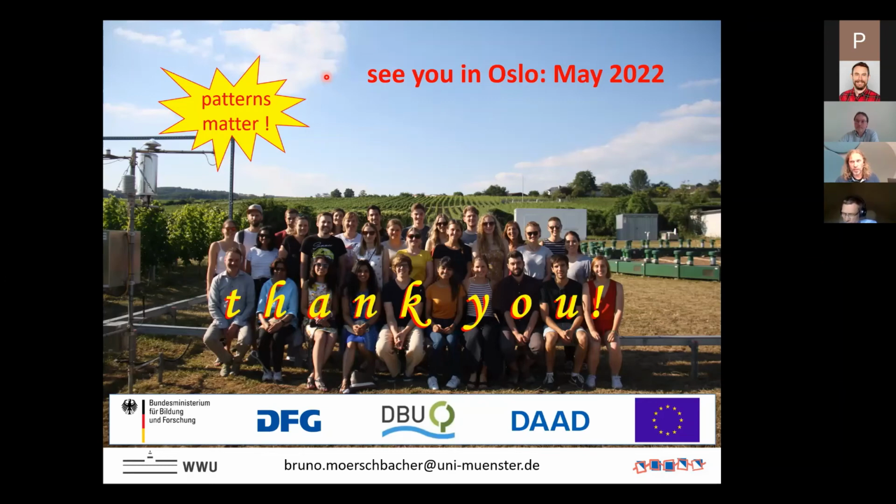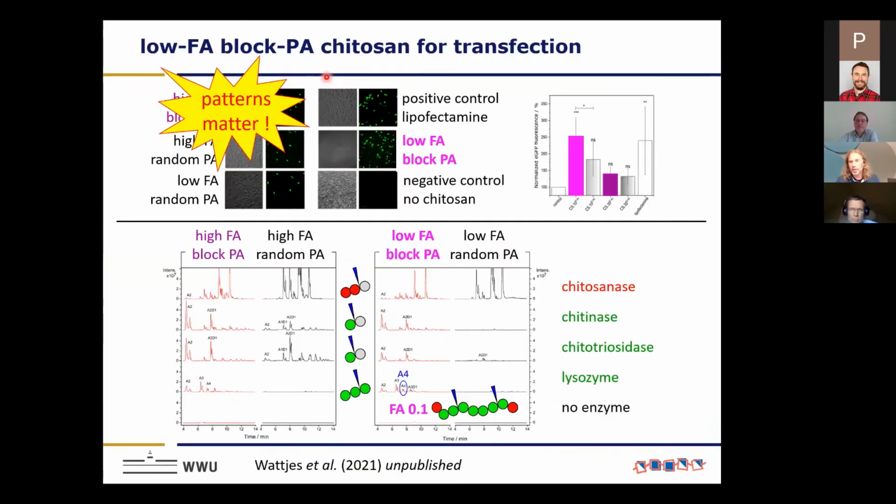And do you think that the reason for the block, where you have low FA and block PA, is that a chitinase or lysozyme cleaves the chitosan and then releases the cargo, or is it the chitosan itself that is better at transfecting?